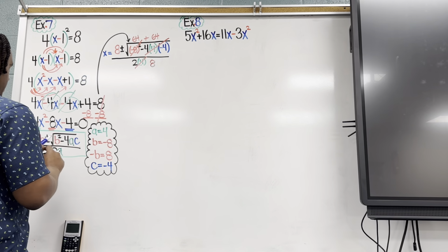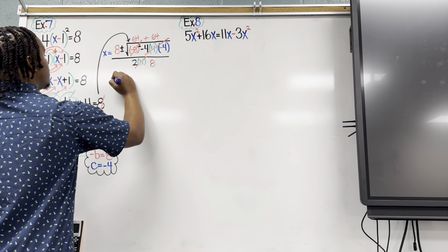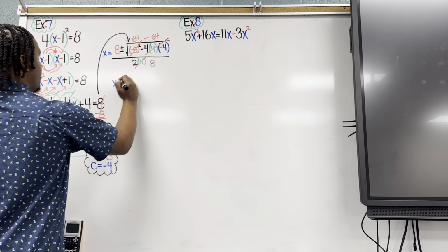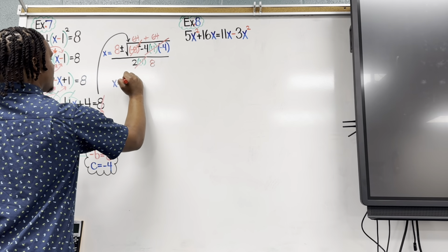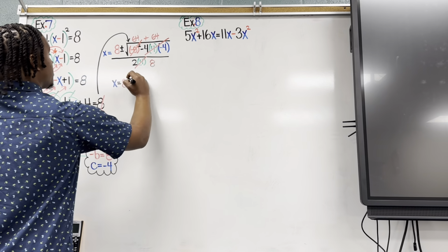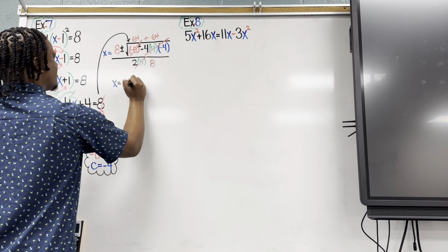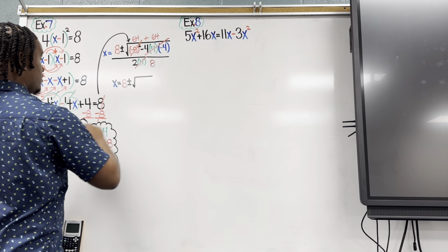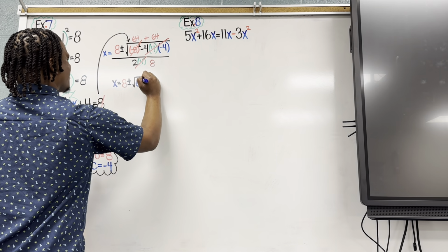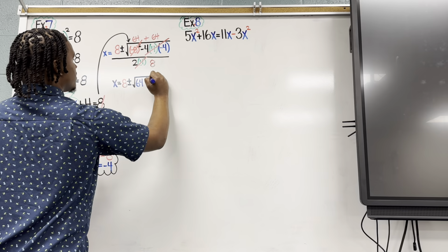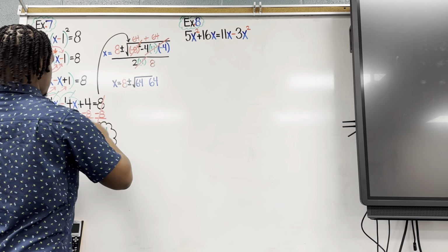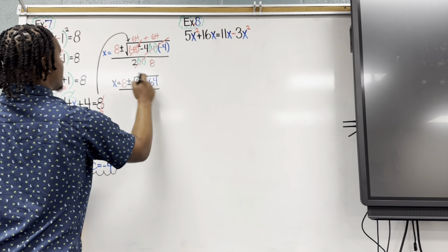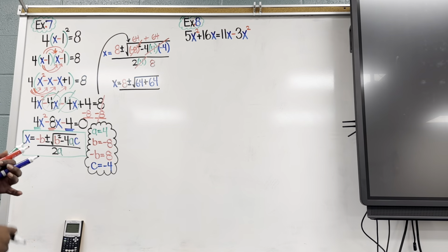Now we can start simplifying our formula. So now we have x equals 8 plus or minus the square root of 64 plus 64, all divided by, remember 2 times 4 equals 8, so all divided by 8.